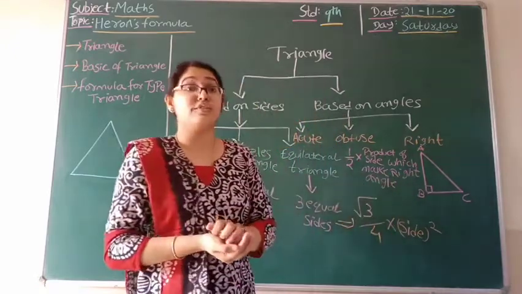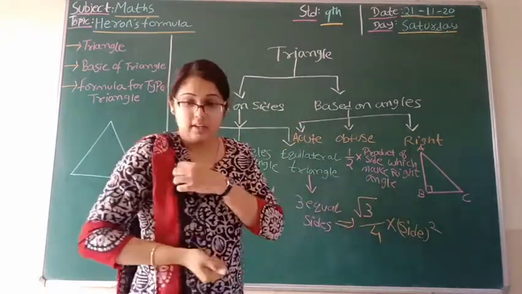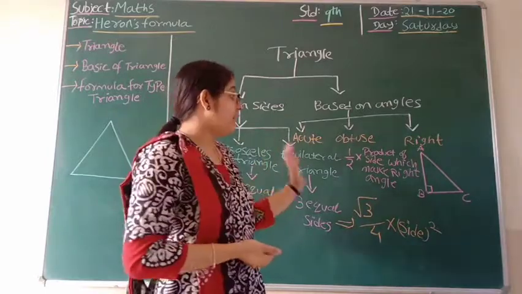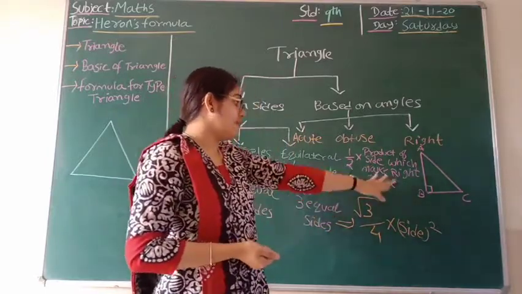Right? The formula to find the area of the right angle triangle is 1/2 into the product of the sides which make the right angle.